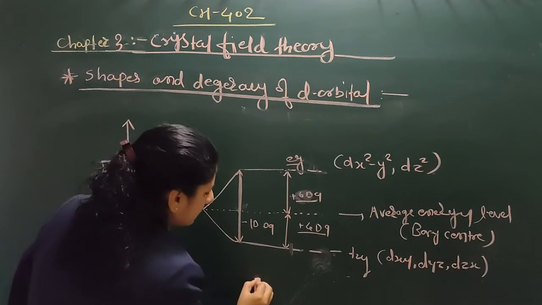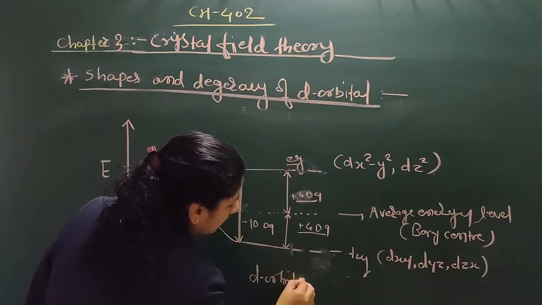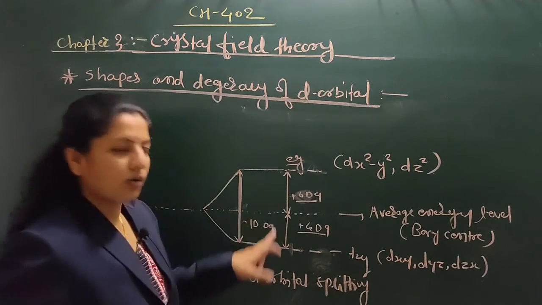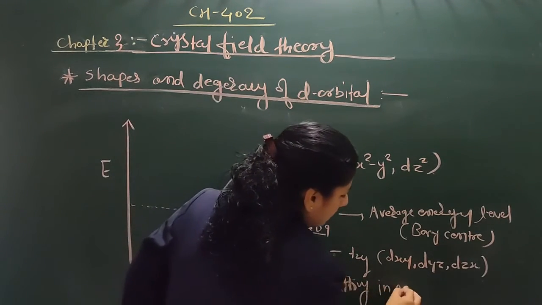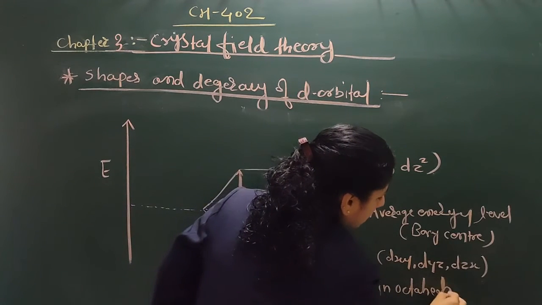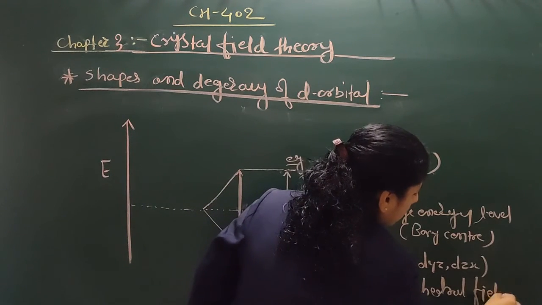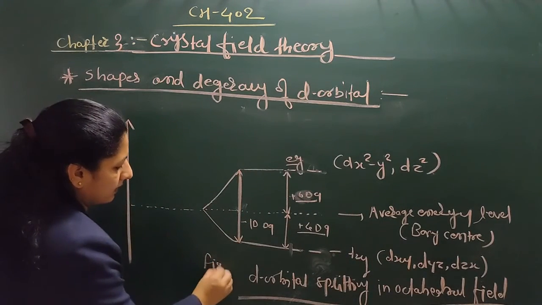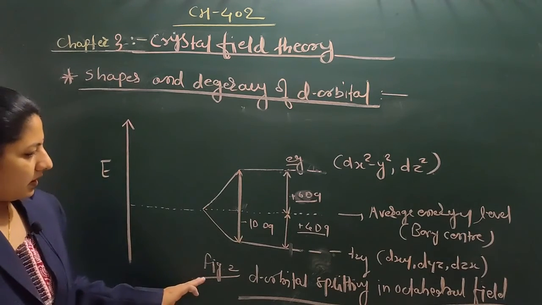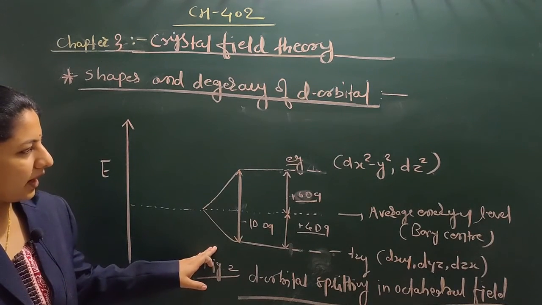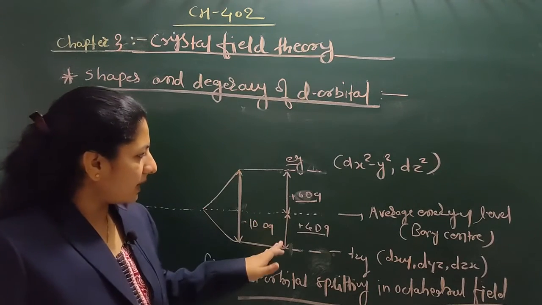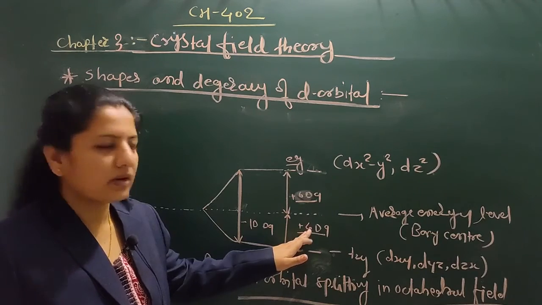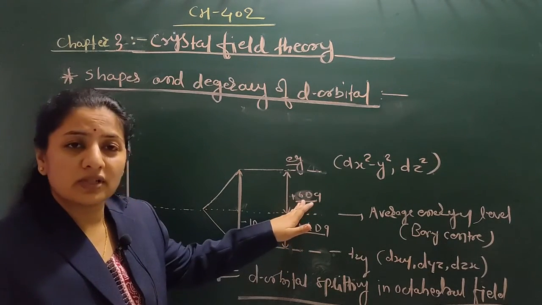So here is the d orbital splitting in an octahedral field. The d orbital splits into 2 sets, that is eg and t2g. t2g has less energy, so it is at 4 dq, whereas eg has more energy, so it is at 6 dq.